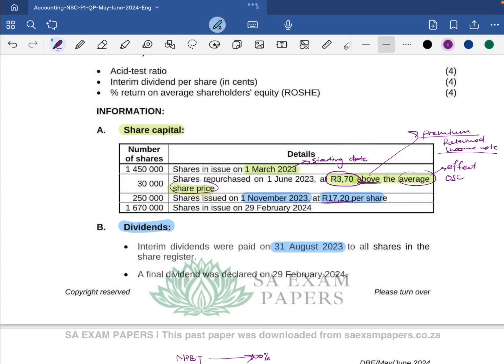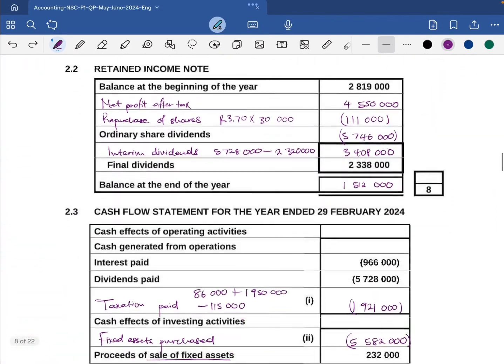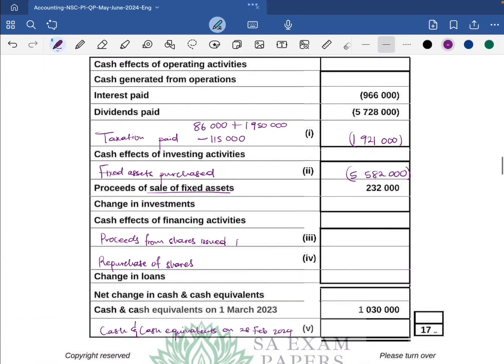So at 17 rands 20 per share, and we've issued 250,000 shares, it's 1720 times 250,000. That's 4,300,000. And that's basically an inflow. And then we don't need to put any brackets there.